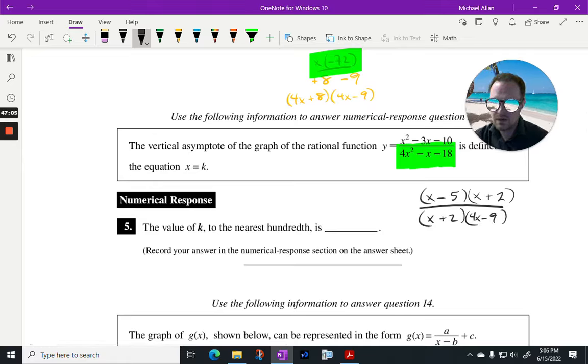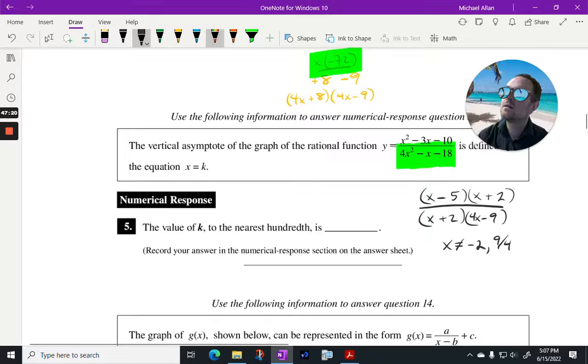Now I look at this and I say I have two non-permissible values. I have negative 2 and 9 over 4. But I said that my non-permissible values are my asymptotes, but only the ones that don't cross off. So that's this one here, right?